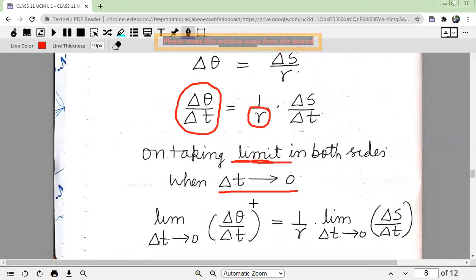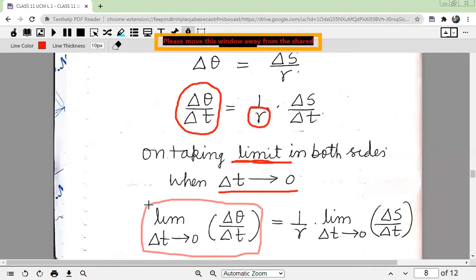Now see here, equals 1 upon r, limit delta t tending to 0, delta s upon delta t. This will be the instantaneous angular velocity, which we denote by d theta upon dt, represented by the symbol omega.